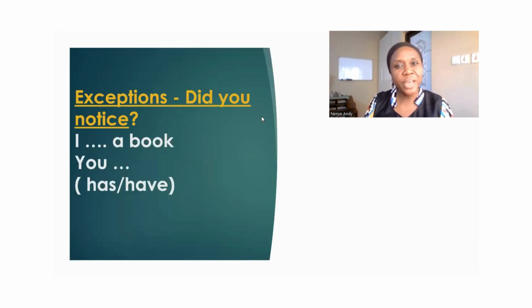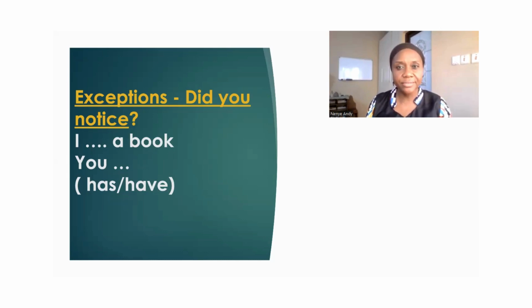Now for the question I expected you to have at the end of that section, there are exceptions. You would have noticed that I was used with have, even though I told you that have is for plural subjects. And I, as we know, means one person. So we have two exceptions that you must take note of.